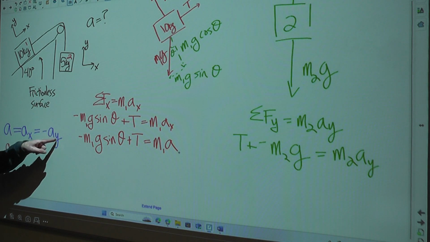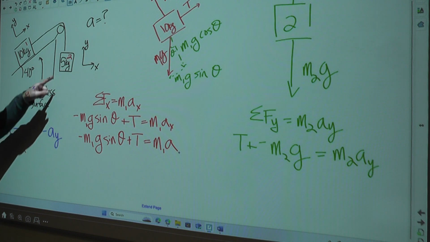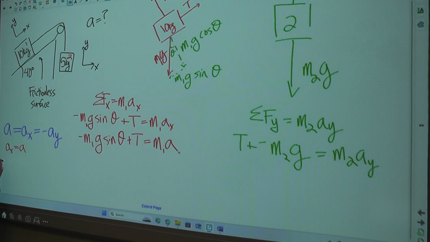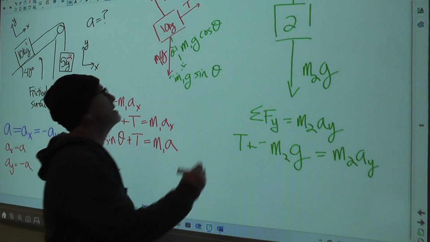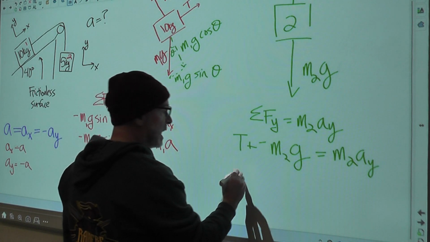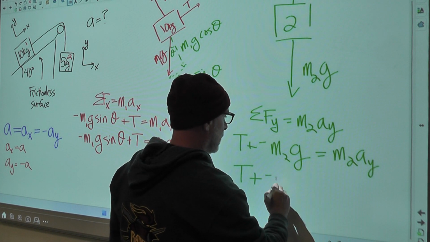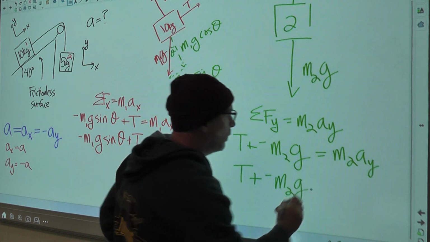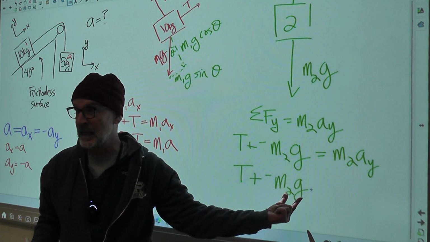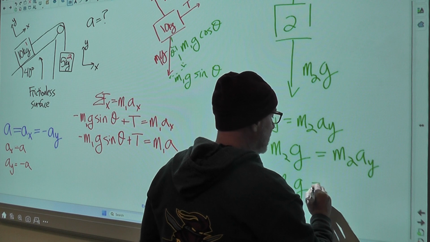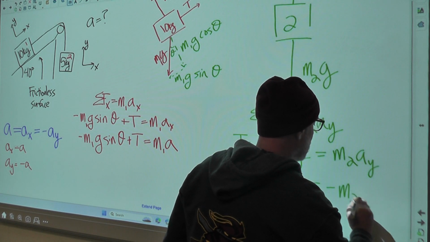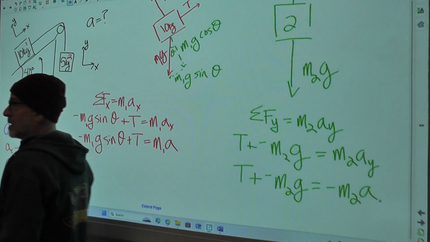If I look at the y acceleration of the 5 kilogram object, it's going to be equal to the negative of the overall acceleration of our system. So that means that the tension in our string plus the weight of that 5 kilogram object in its negative direction is going to be equal to negative m2 times the overall acceleration of our system.